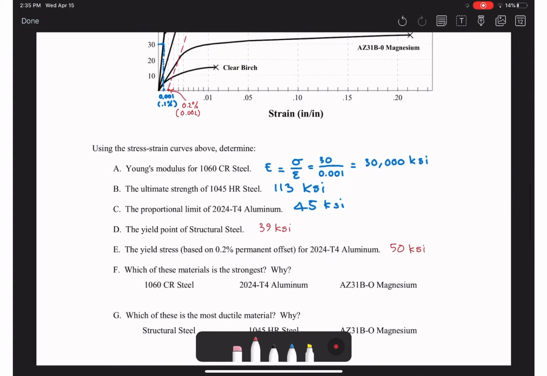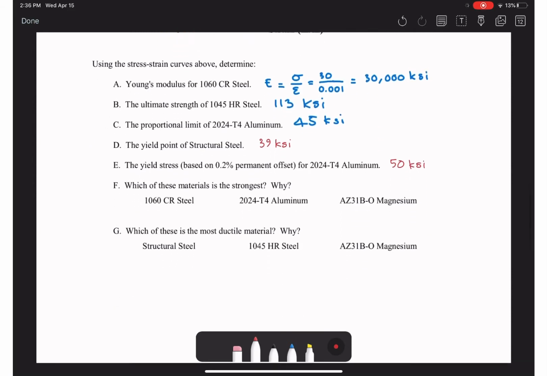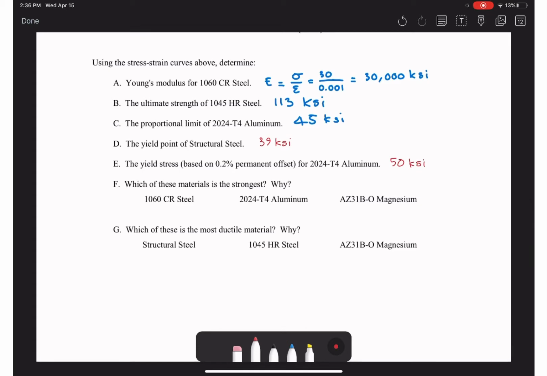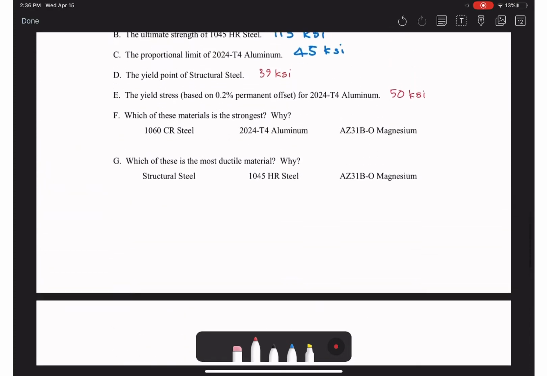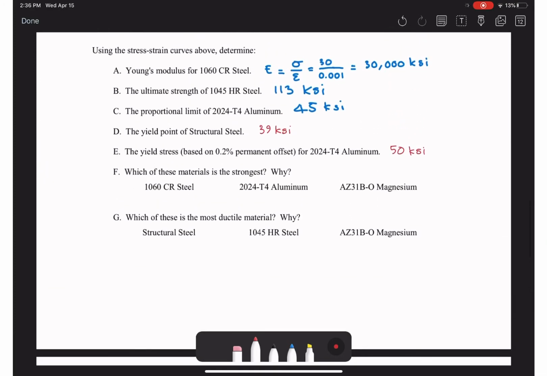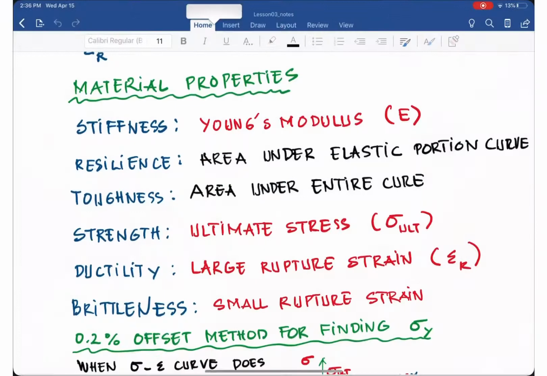Now, there are a few multiple choice questions here. Which of these materials is the strongest? G, which of these is the most ductile material, and why? And so on until K. For those, go back to the lecture on material properties.